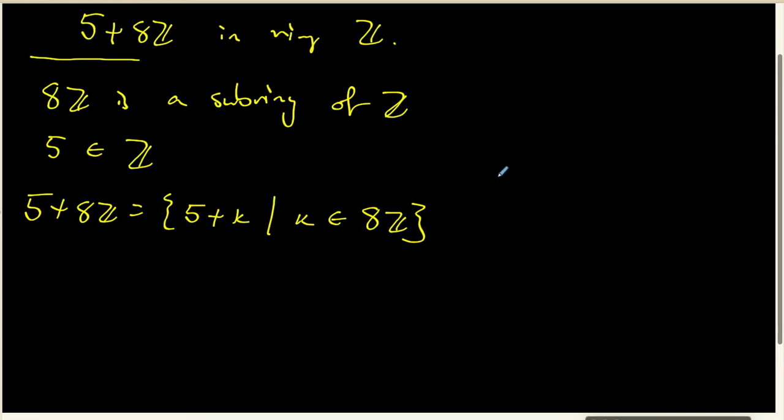And it's important to realize that 8 times Z is just the set of things that look like 8 times something that I'll call L, where L happens to be any integer.